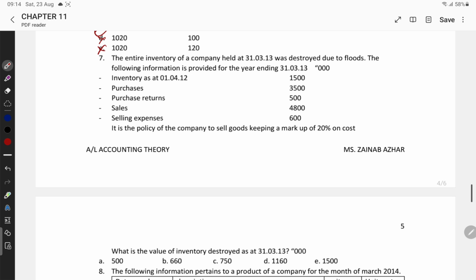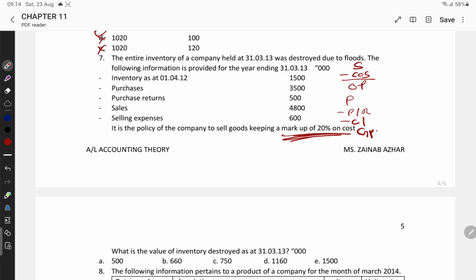Okay, the entire inventory of a company held at 31st of March was destroyed due to flood. The following information is provided for the year ending 31st of March 2013. It is a policy to sell goods keeping a markup of 20% on cost. So sales minus cost of sales, opening stock plus purchase minus purchase return minus closing stock, we get the gross profit.